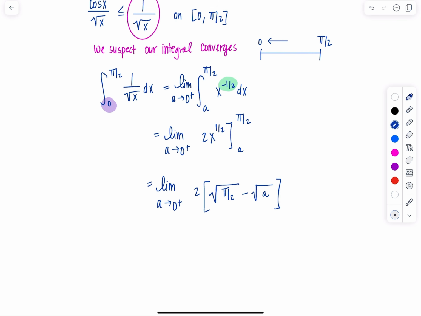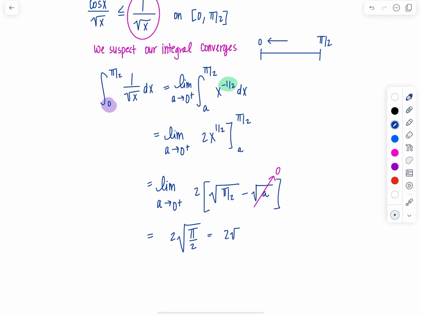Now, can I take this limit as a goes to 0 from the right? Rad pi over 2 is a constant, minus square root of 0. That's just going to go to 0. And we're approaching from the right, so that's going to be well-defined, non-negative numbers. And then I'm just left with 2 times the square root of pi over 2.